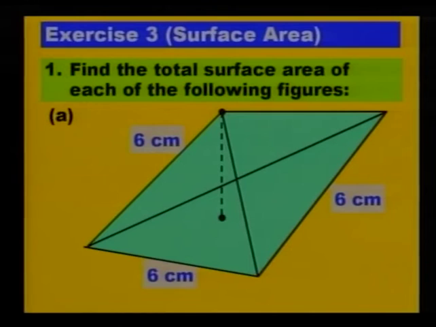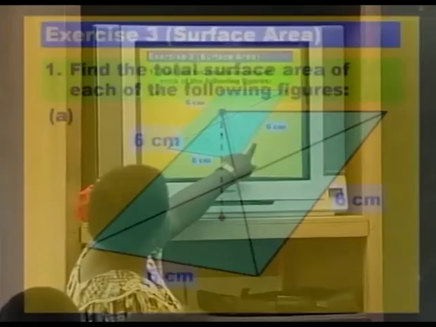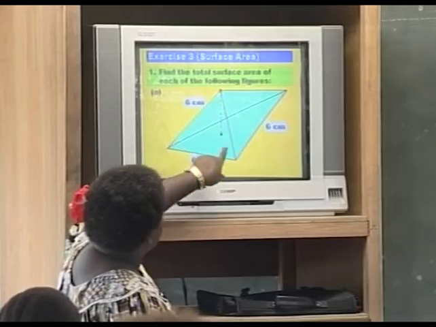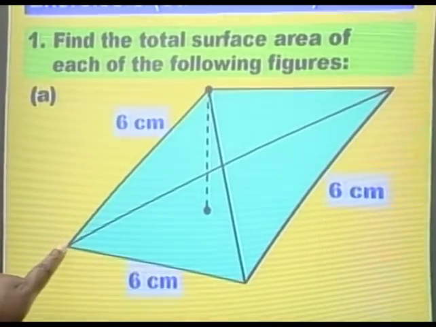Oh, is it a triangular base? Where's the base? One, two, three, four. No, it's not. If it's a triangular base, where is the base? Is it this one here? Okay, we'll have to get this right so that you can do it correctly.